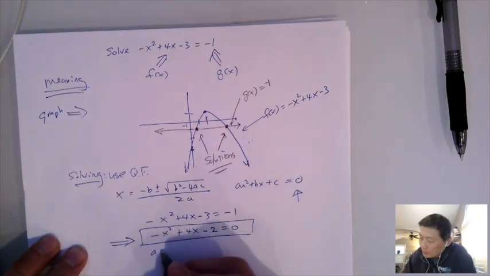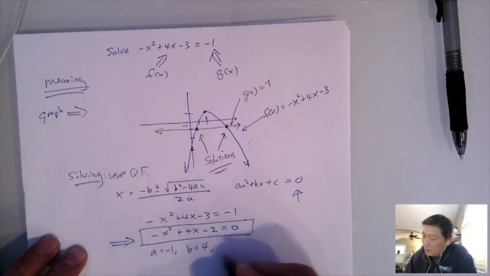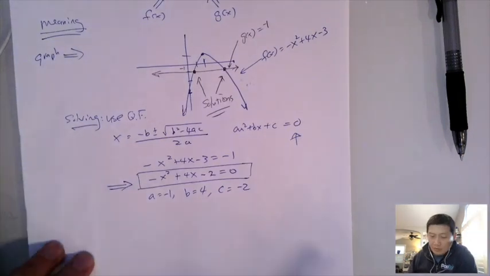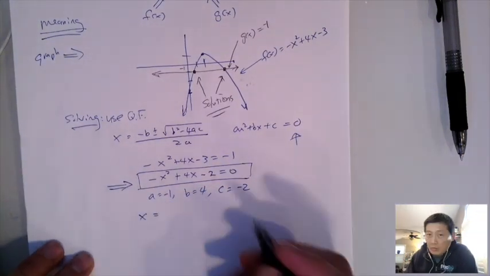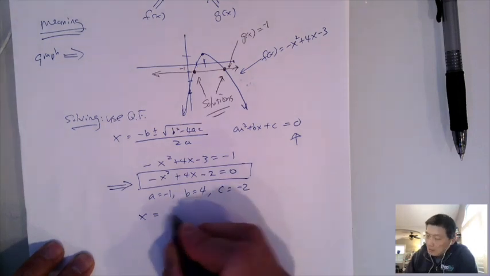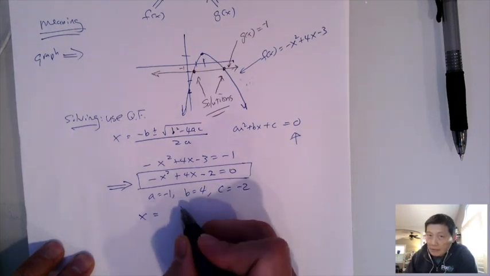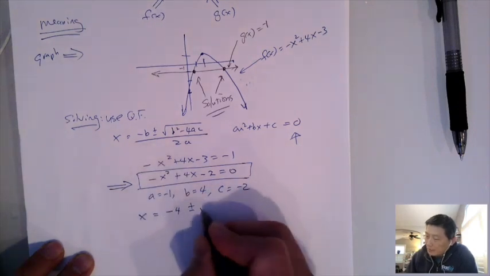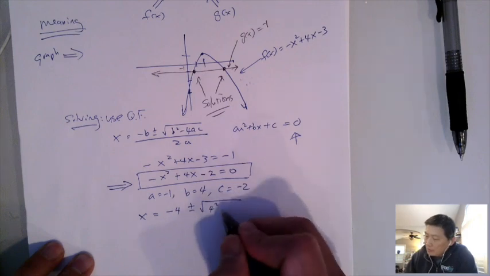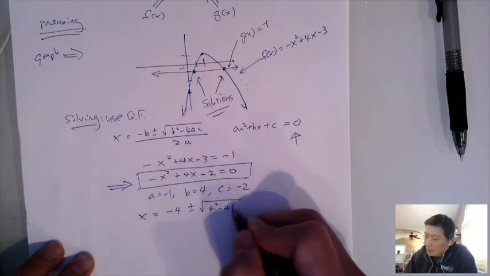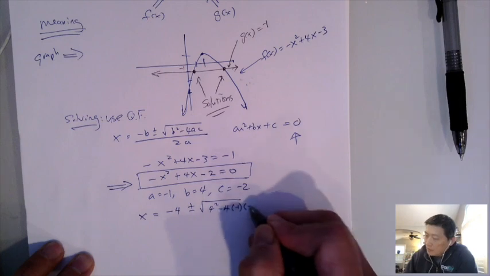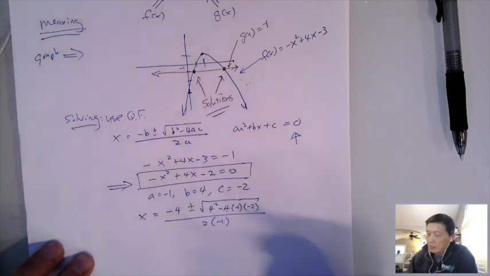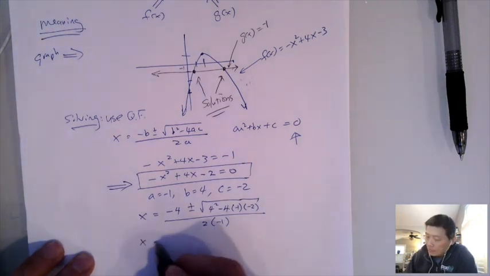So a is equal to negative 1, b is equal to 4, c is equal to negative 2. Then x is equal to negative b, which is negative 4, plus or minus the square root of b squared, 4 squared, minus 4a, which is negative 1, times c, which is negative 2, over 2a, 2 times negative 1.